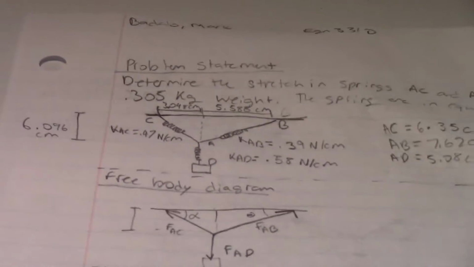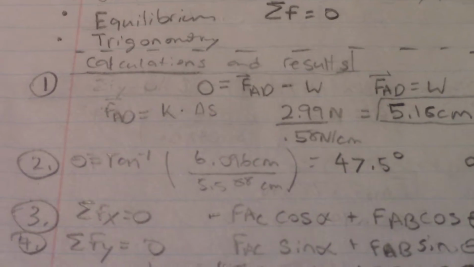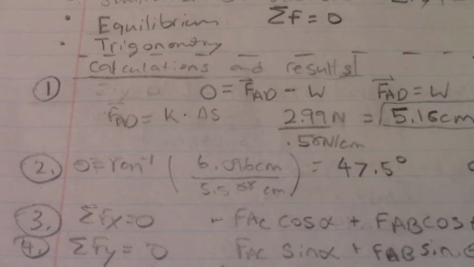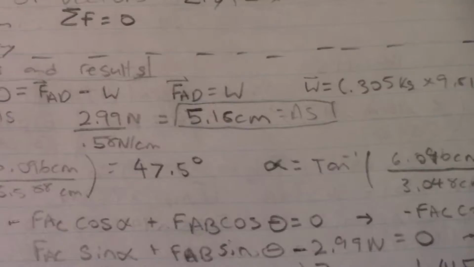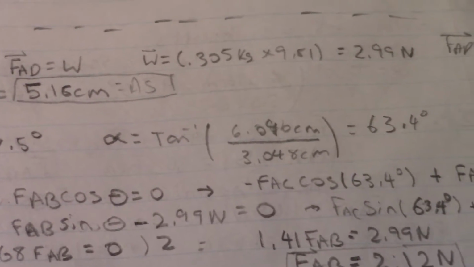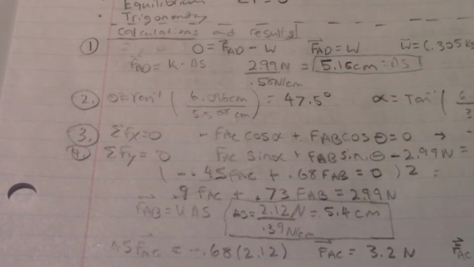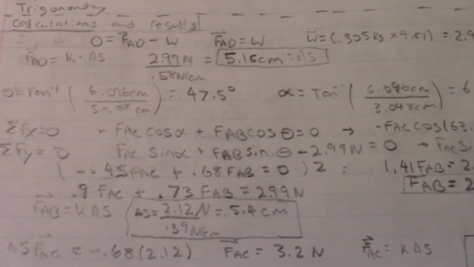All we have to do is just plug it into the tangent formula to find theta, and we do so. We get for theta 47.5 degrees, and alpha we get 63.4. And so we just plug these into our summation formulas, as you can see there.